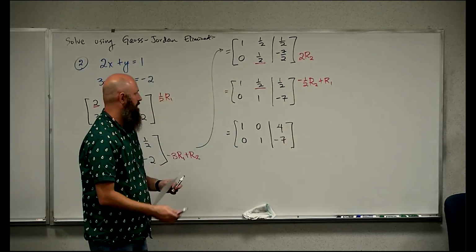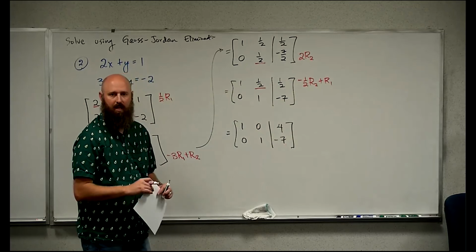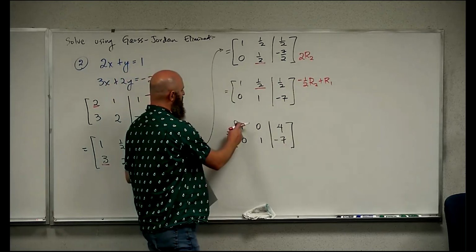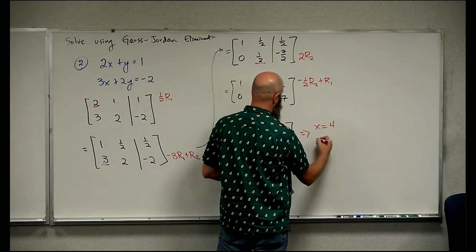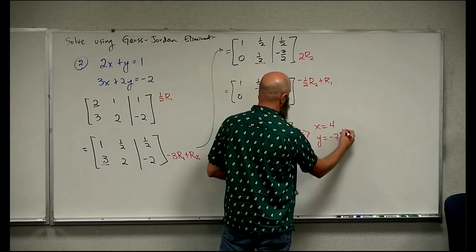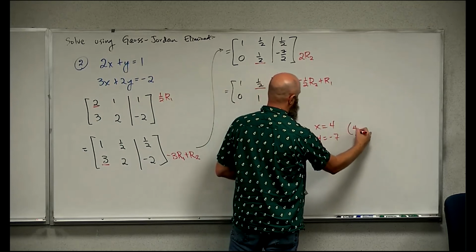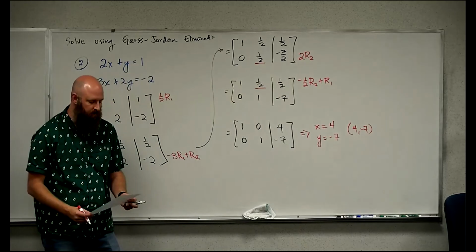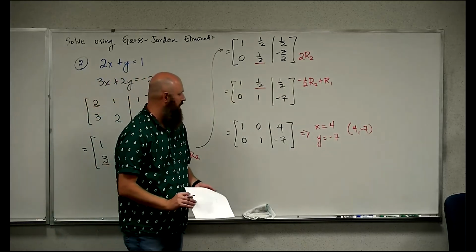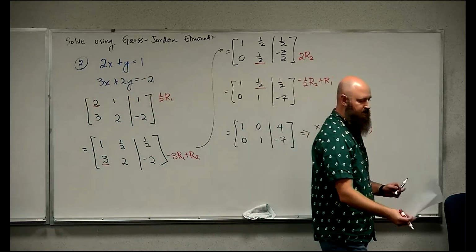Again, it's all just fraction work there. But we have 1, 0, 4 and 0, 1, -7, so that means x equals 4, y equals -7, or (4, -7) for our ordered pair. And so that's how you work through these matrices.